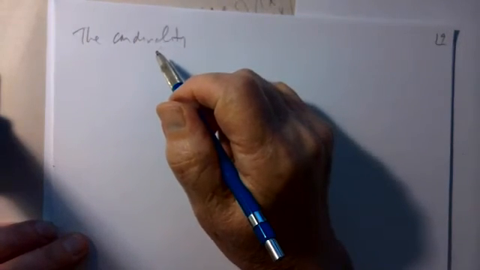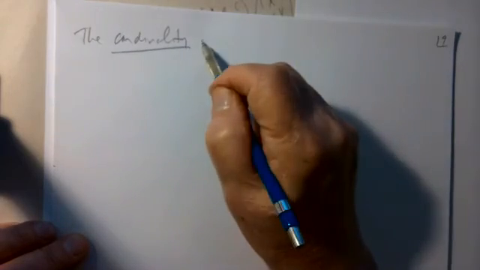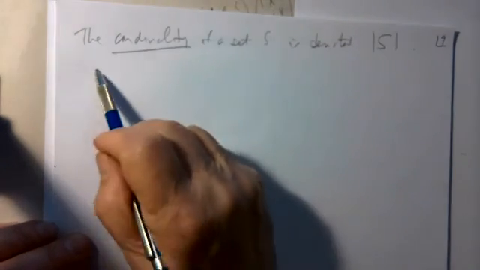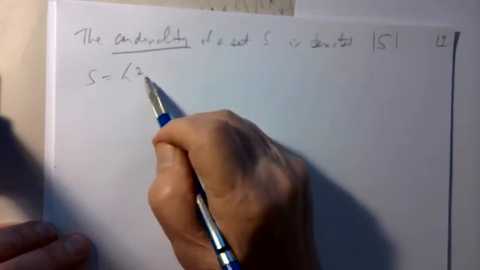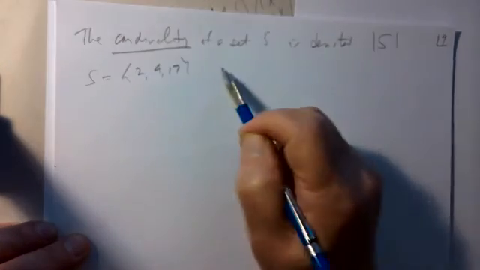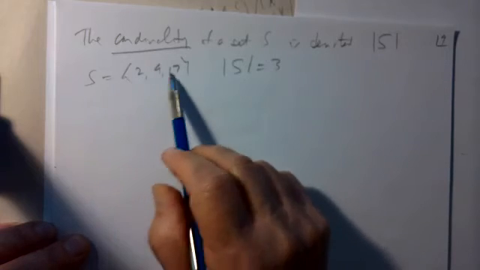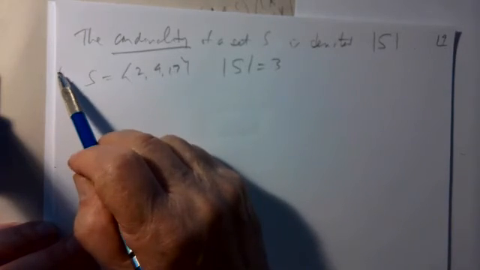And the cardinality or size of a set S is denoted by S with absolute value signs around it. So for example, if S is the set 2, 4, and 17, the cardinality of S is 3 because there are 3 elements in this set.